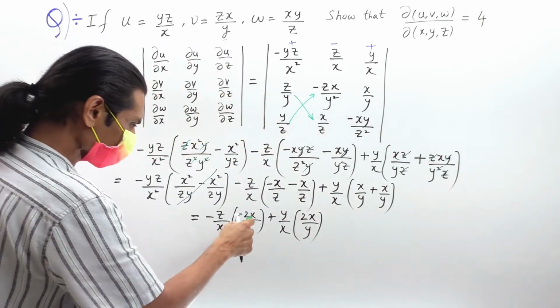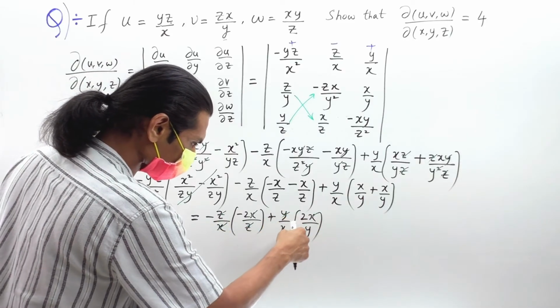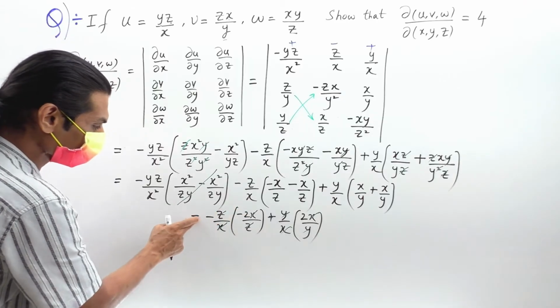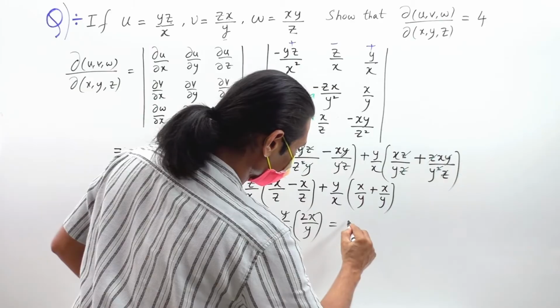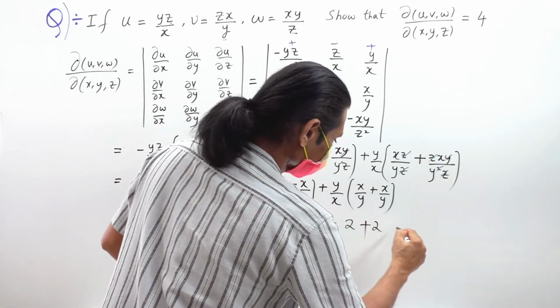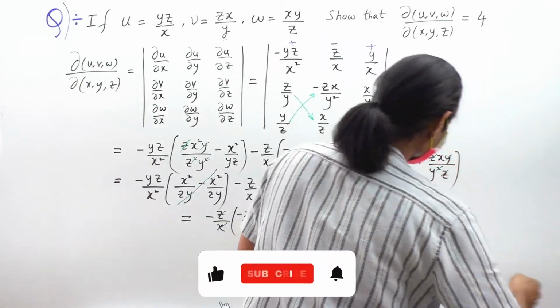Beautiful. So again see x cancels, z cancels, y cancels, x cancels. Minus into minus is what? It's plus 2. So we have here plus 2 plus 2. So what is 2 plus 2? It is nothing but 4. That is the answer.